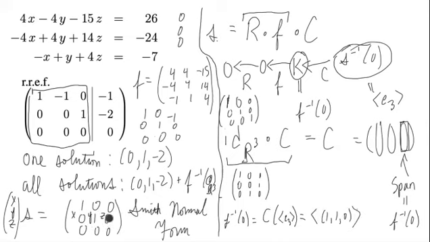That tells us that the fiber over 0 for the Smith normal form is 0, 0, z, or in other words, z times E3, but z can be anything it wants. So all multiples of E3 is just the span of E3, which is the fiber over 0 of the Smith normal form.